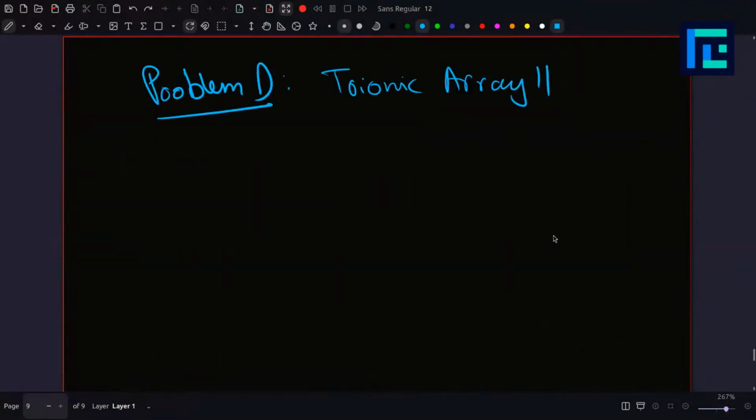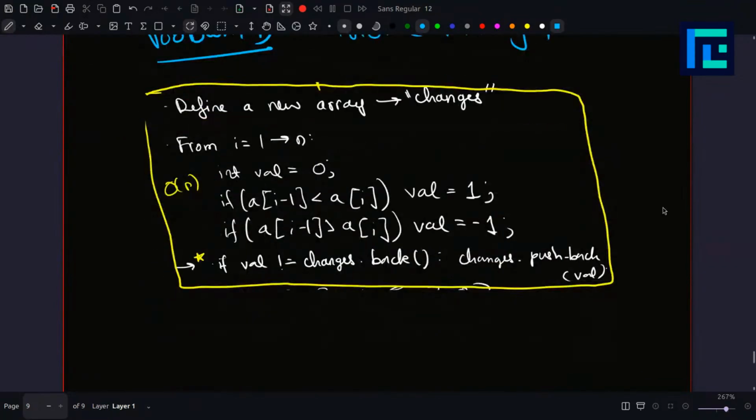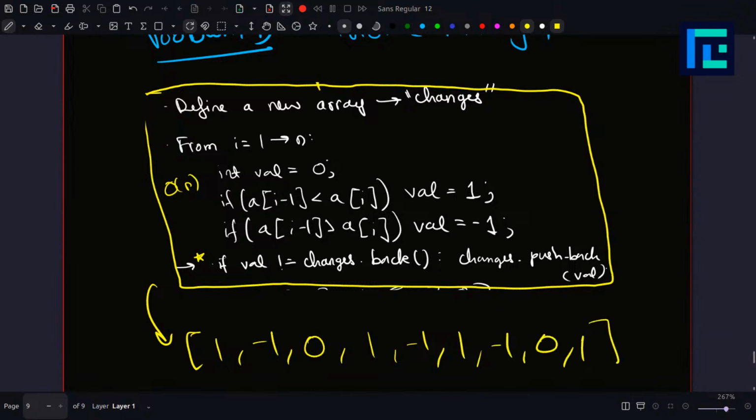So let me just paste that here. Right. We're going to do the same thing. We're going to make an array of changes, and our array will get reduced to something like 1, minus 1, 0, 1, minus 1, 1, minus 1, 0, 1. What will that tell us?